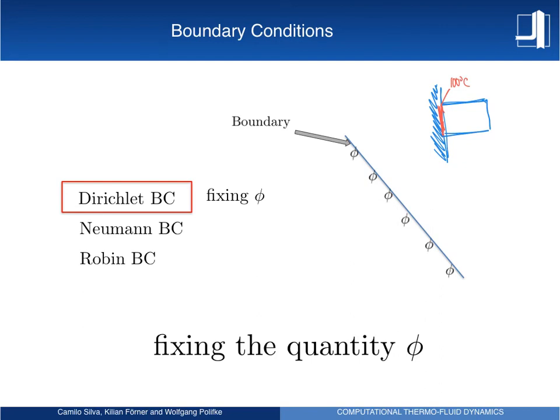Now, sometimes you don't know that you have 100 Celsius, but you may know that you have a given flux coming from this wall. I'm talking about this wall just as an example; this is the same for all walls. Then in that case we will not consider a given value of temperature, but we consider the flux. Let me show you the next slide.